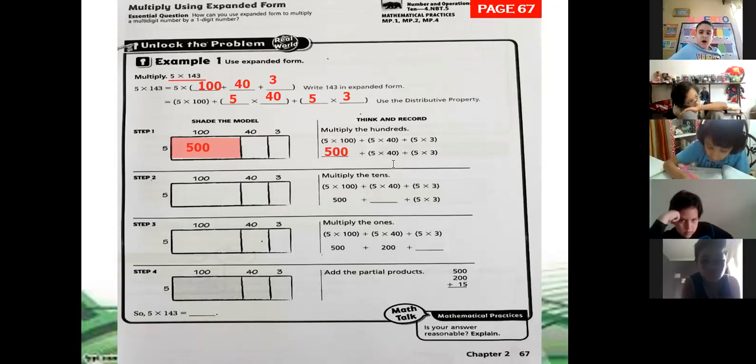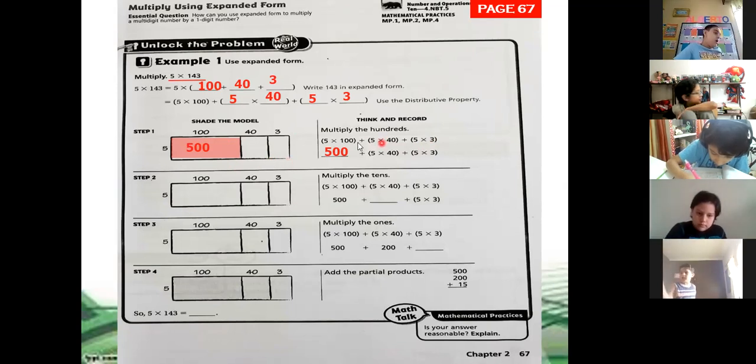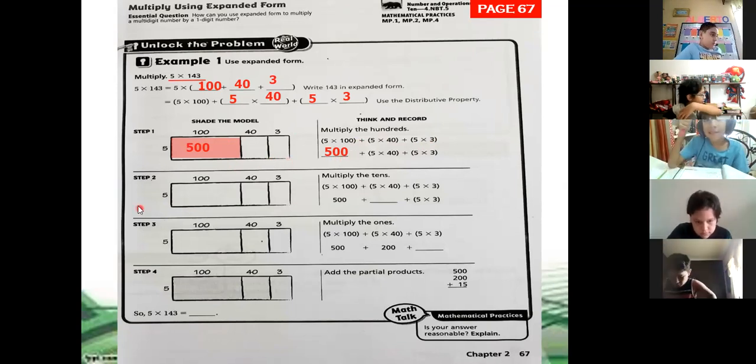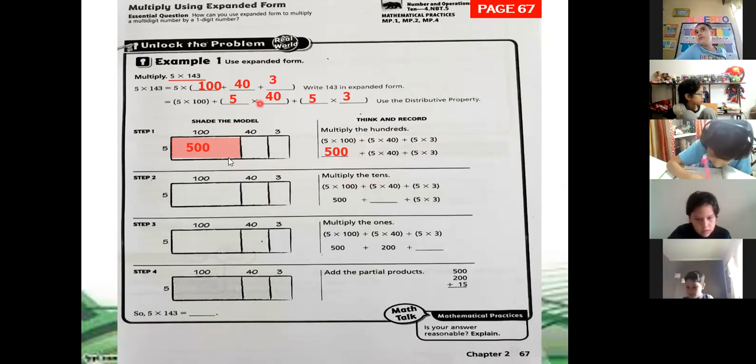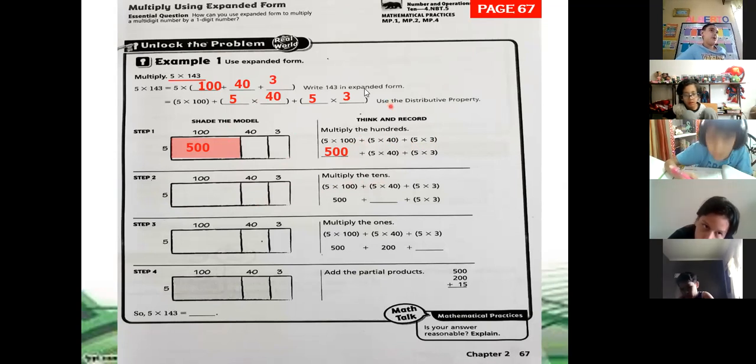Then it says plus 5 times 40 plus 5 times 3. But right now, we are just on step number 1, multiplying the hundreds. Step number 2, multiply the tens. Which number is on the tens, class? 5 times 40.